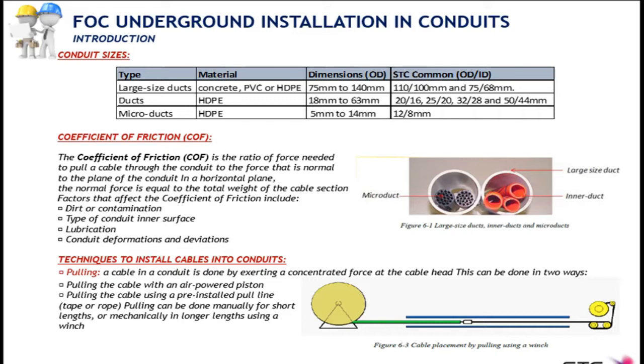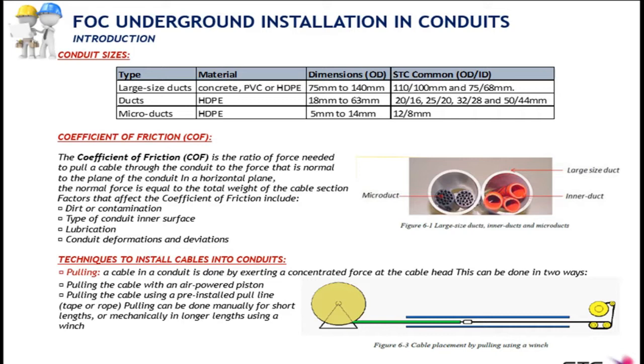Again, in the market for standard ducts, we have typically between 18 and 63 millimeter ducts. The sizes standardized in STC are 20, 25, 32, and 50 millimeter outer diameter ducts.